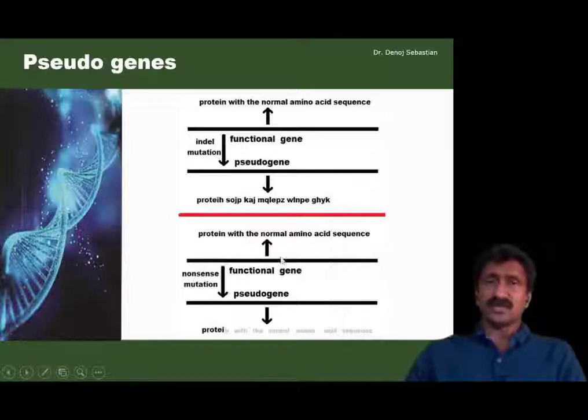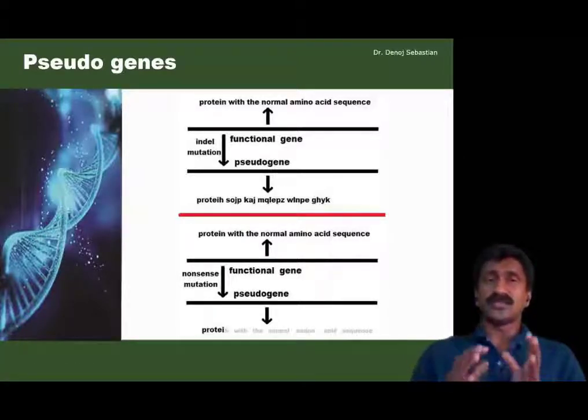have the functional gene, and that functional gene will be subjected to a nonsense mutation, and from that nonsense mutation a pseudogene is produced. The nonsense mutation will insert a termination codon.